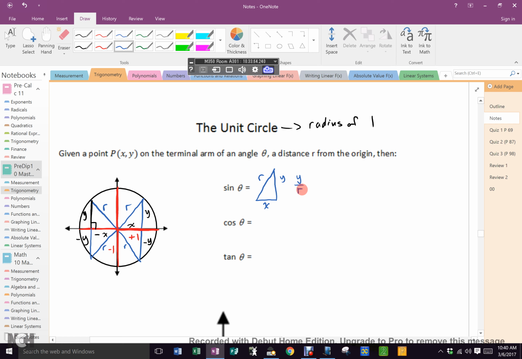Everybody agree? Okay. What is cos? X over R. What is tan? Y over X. Agreed? Does everybody follow me? Yeah? Okay. So, what do you notice about all of those values?